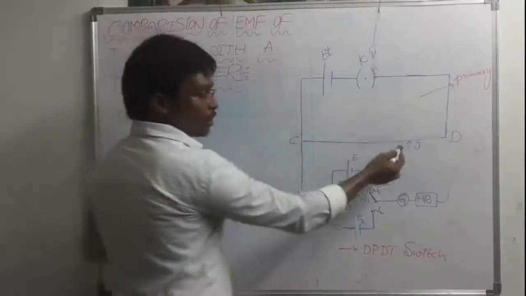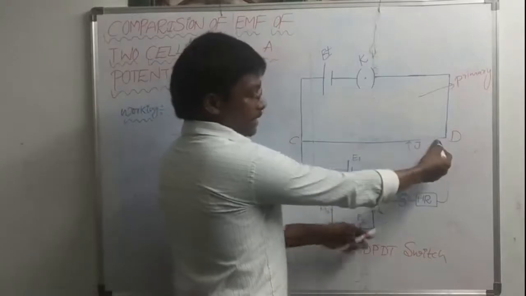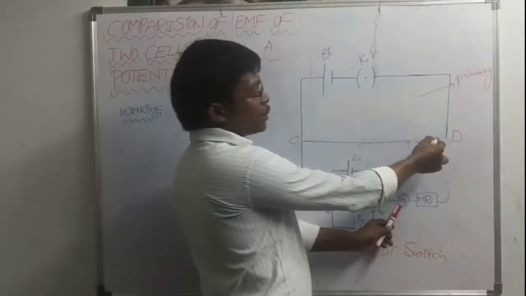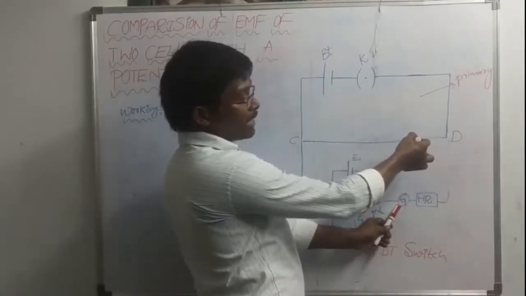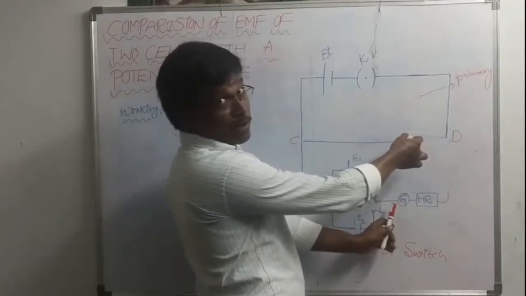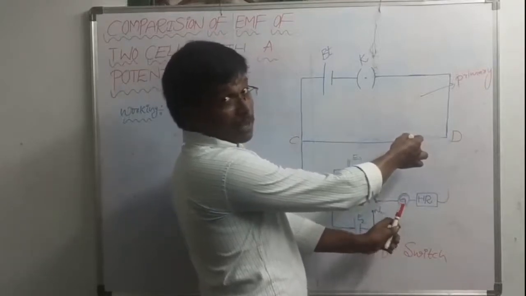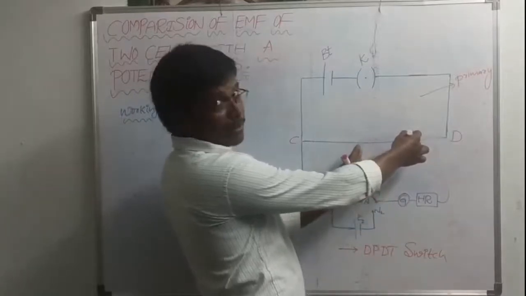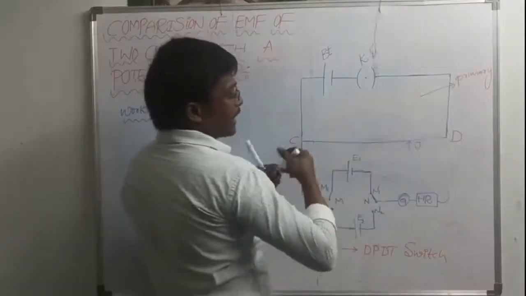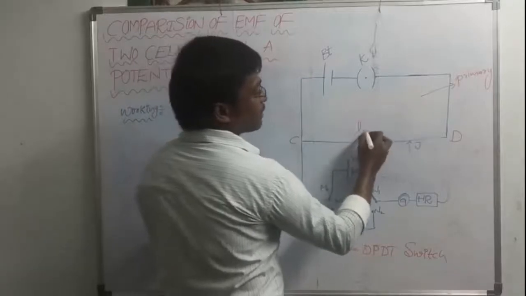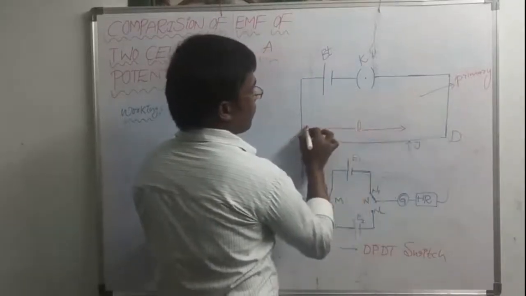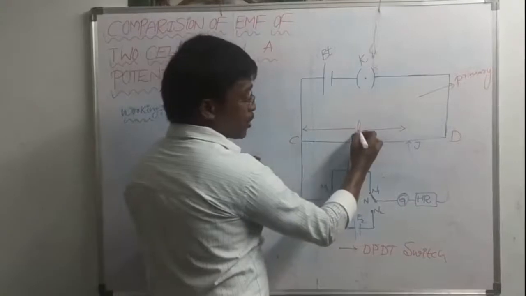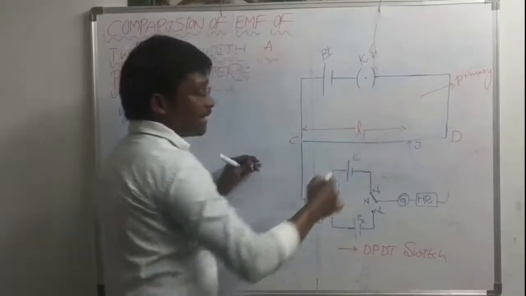I will place the jockey here. The galvanometer will show some reading. I will keep moving the jockey like this. At one particular point, the galvanometer shows zero deflection. At that time, I will stop the jockey on the potentiometer wire. That is the balancing length L. Correct? I told you already yesterday. But here I am indicating the balancing length as L1.